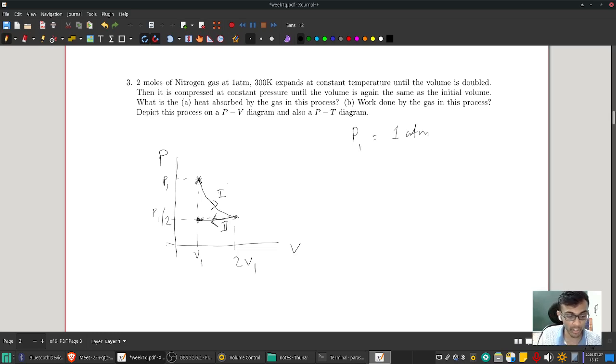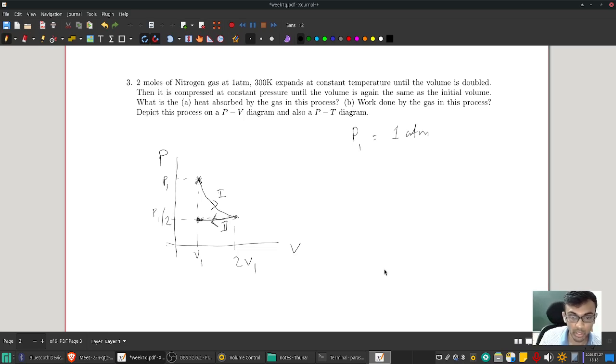The idea would be to calculate the work, we would have to do the PdV integral to calculate the work done. And then we can calculate the change in internal energy, because we know it's nitrogen gas. We can roughly treat it as an ideal gas and calculate the change in internal energy.